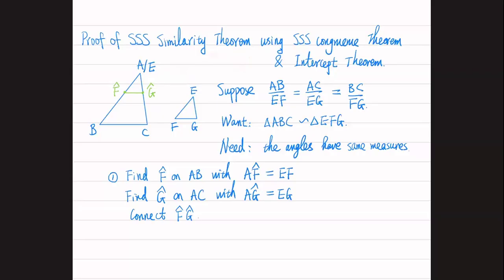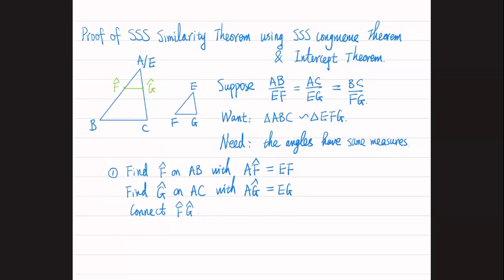Now we have to check these two triangles are similar. These two triangles are congruent. If we can do these two steps, then these two will be similar.